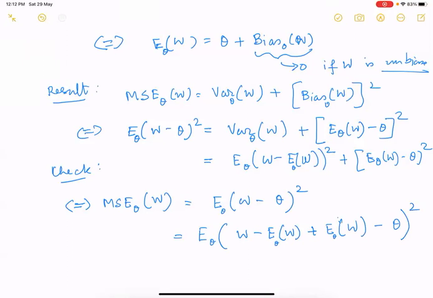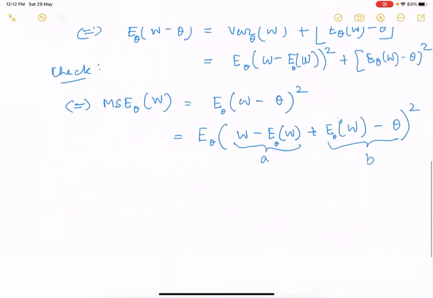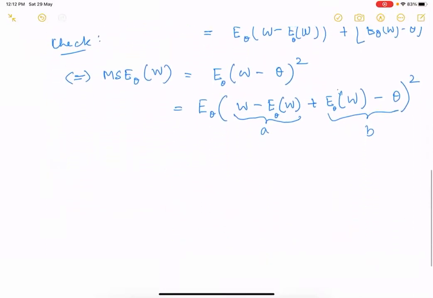Okay. Now I will treat this as A and this as B. Then it's an A plus B whole square kind of formula.